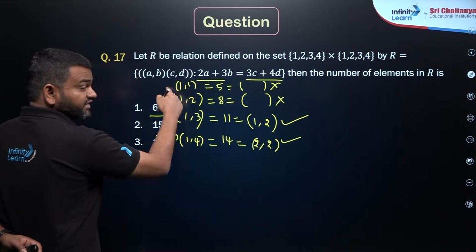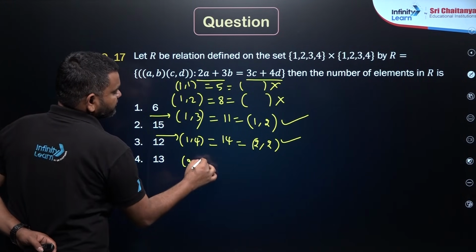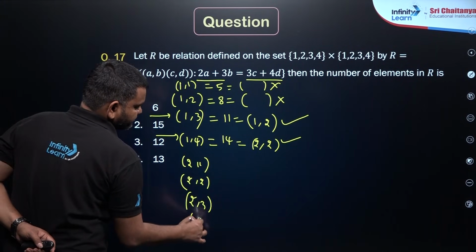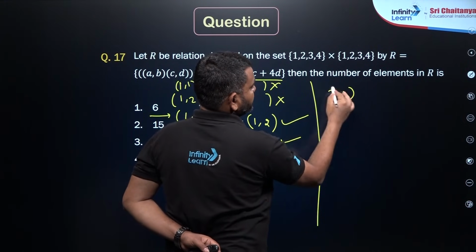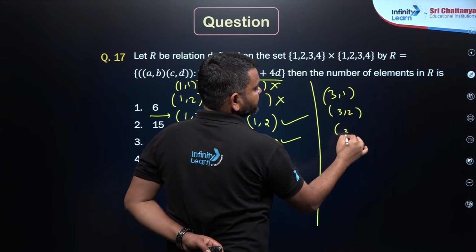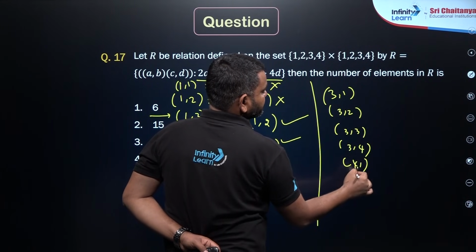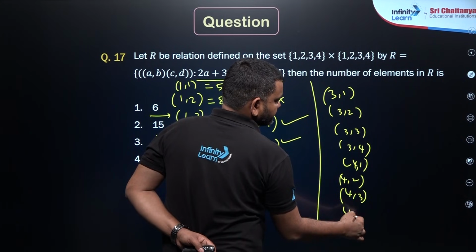Like this, you write 1 comma 1, 1 comma 2, 1 comma 3, 1 comma 4, 2 comma 1, 2 comma 2, 2 comma 3, 2 comma 4, and 3 comma 1, 3 comma 2, 3 comma 3, 3 comma 4, and 4 comma 1, 4 comma 2, 4 comma 3, and 4 comma 4.